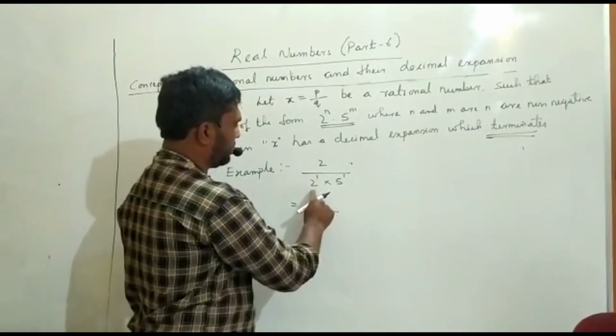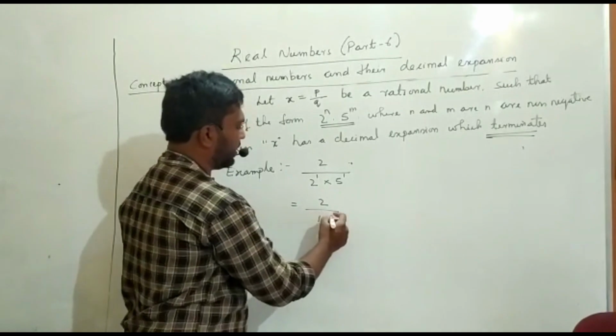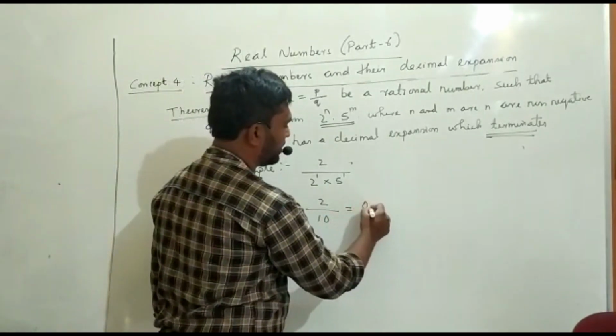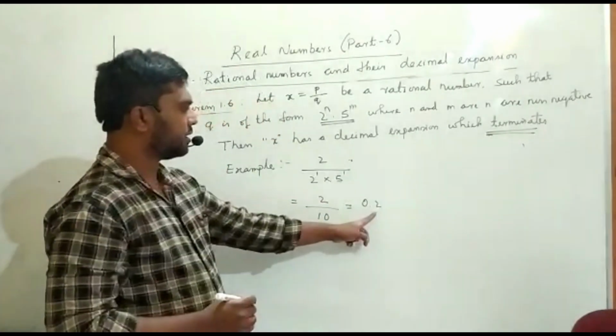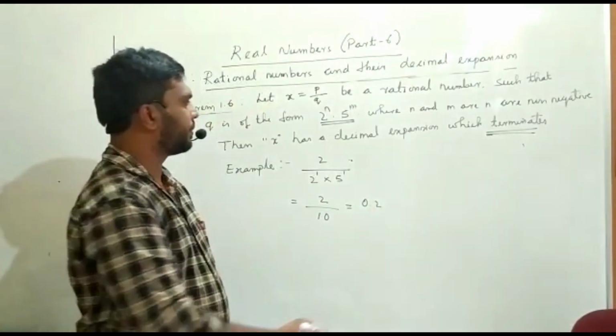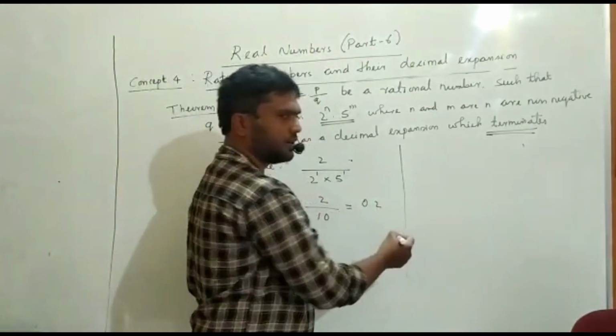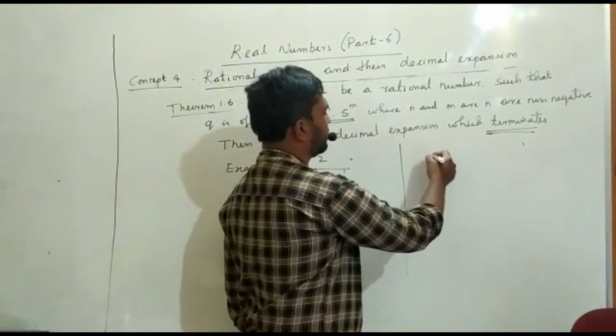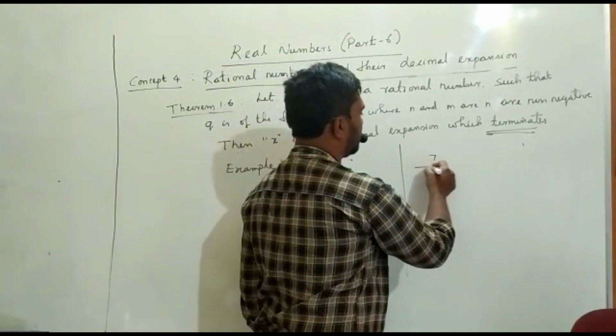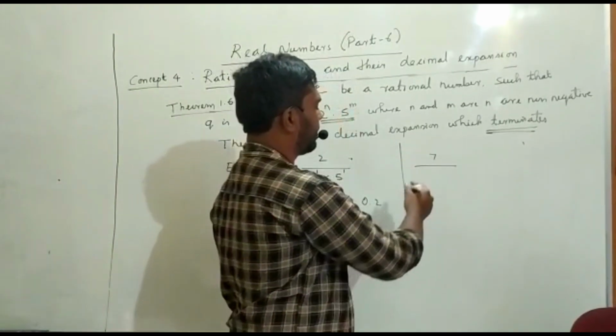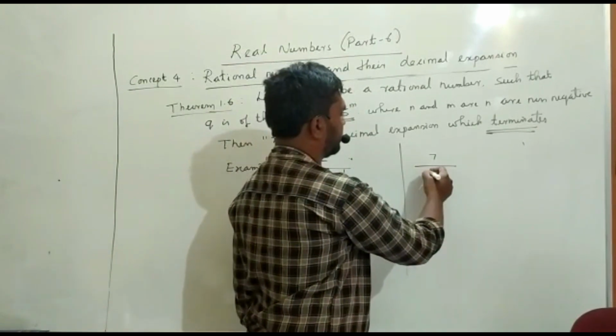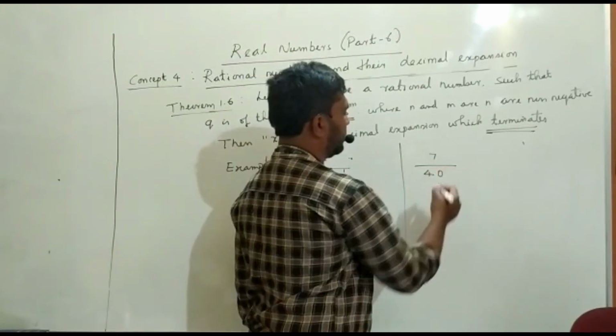It can be written as 2 by 10. The final answer will be 0.2. You can see here it's terminating. For example, you have another, 7 divided by 40.